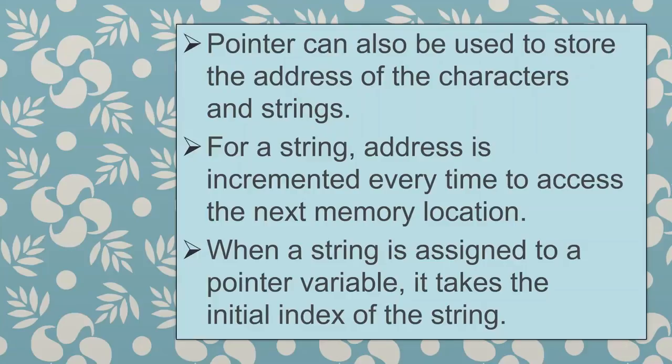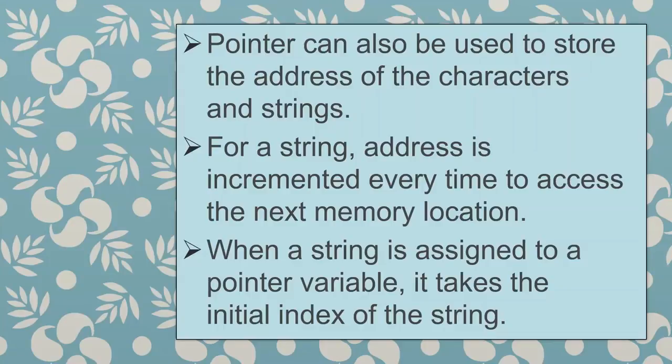For a string, the address is incremented every time to access the memory location. Means for a string, a stretch of characters, if we take apple, first it will take the address of the first index, A, and then we have to change the memory location to take the next element, p. Likewise we have to do to take the address and then print the memory location.